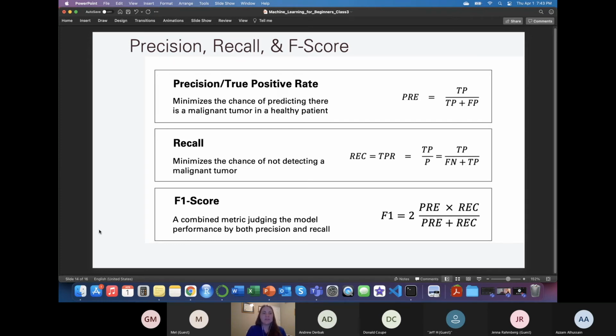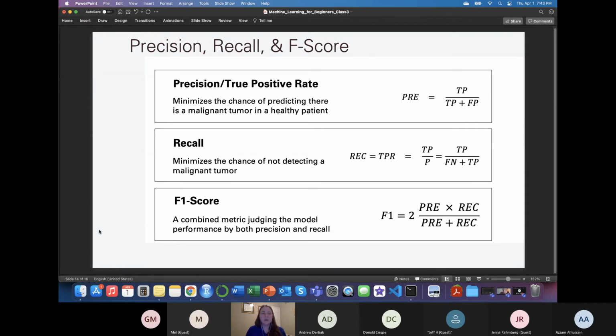So for instance, with breast cancer, we would want to weight recall over precision, because say a woman goes in, she does have breast cancer, and it predicts that she does not have breast cancer. If a model is doing that a lot, that means it has low recall.